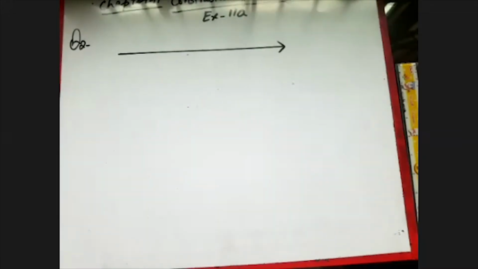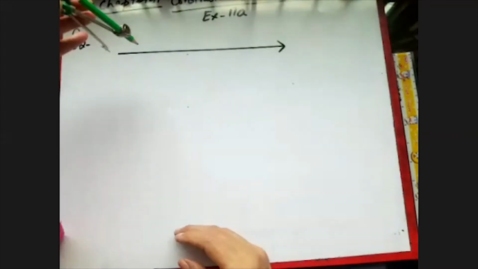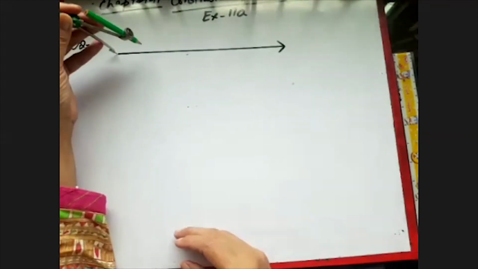Now, take your book and put the pin end of your compass on A, press it against A, and open the compass at B, put the pencil on B end, and mark an arc in your book. So this is the measurement of line AB, and you have to draw the same line on your notebook.